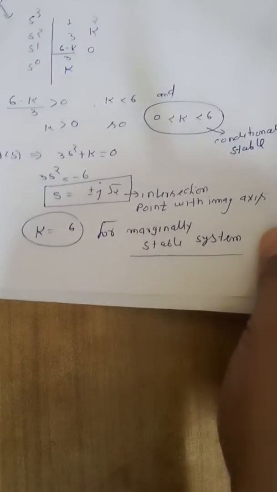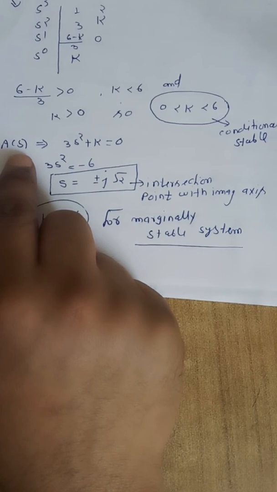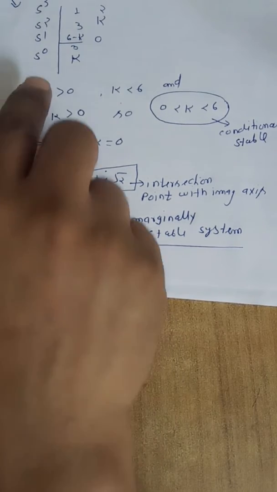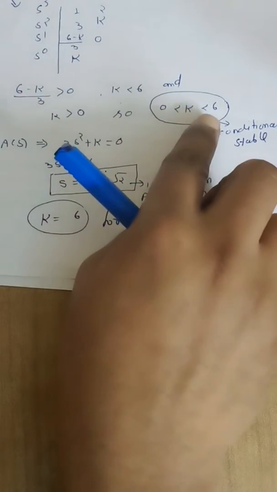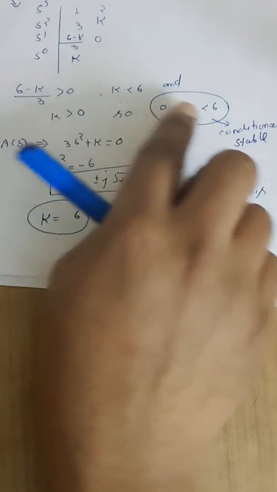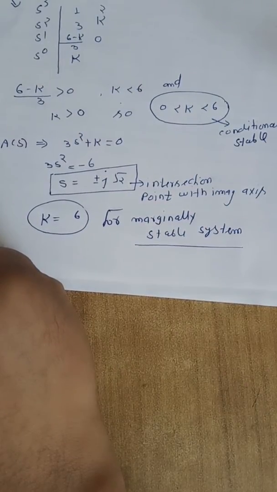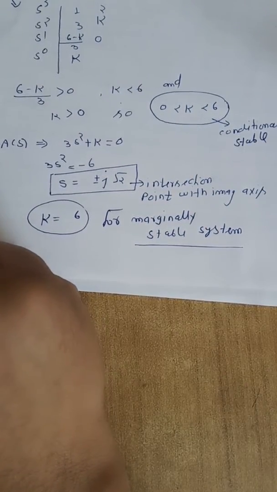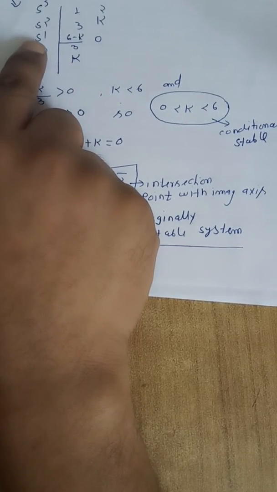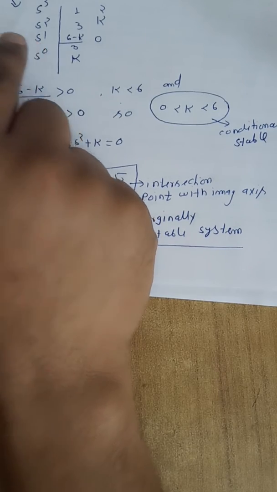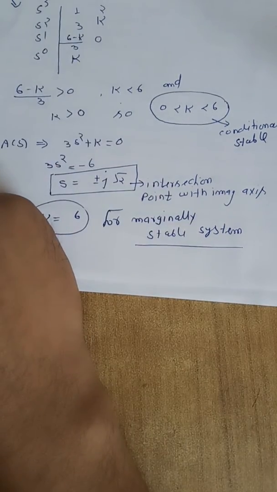For a marginally stable system, we have k becomes 6 or k becomes 0. If k becomes 6, the s1 row becomes completely 0.